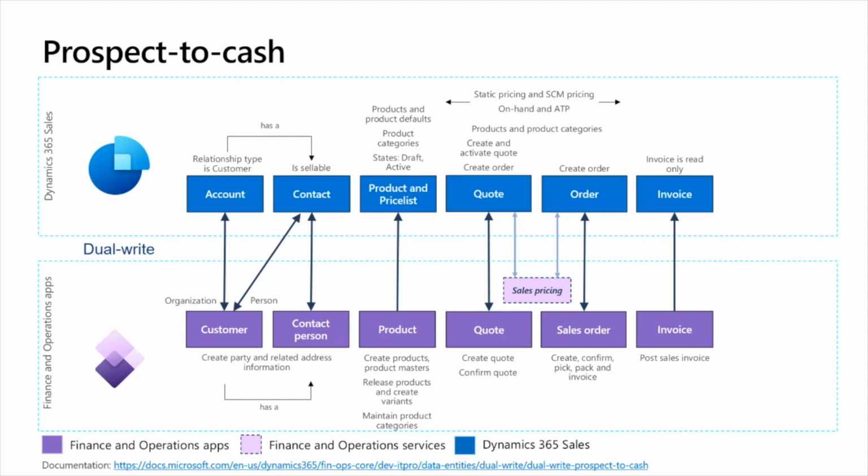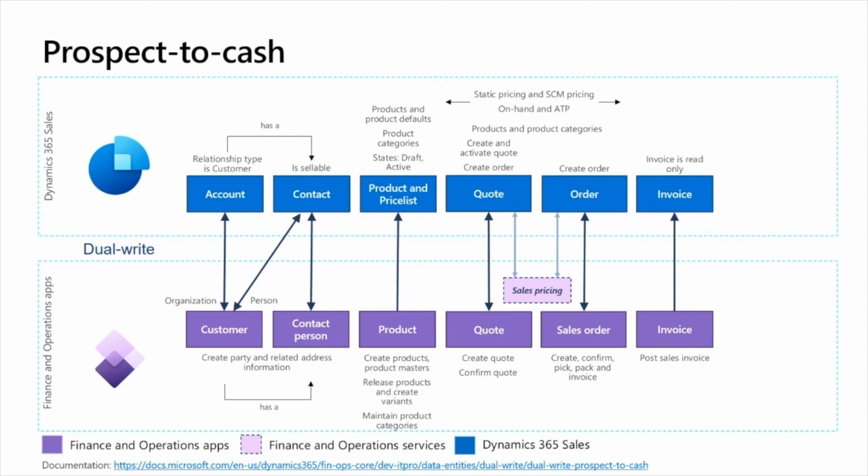From a relationship perspective, the relationship between accounts and contacts in sales is very much the same in finance and operations, with the exception where we have a person in finance and operations who is a customer. So we can sell to either organizations or persons.